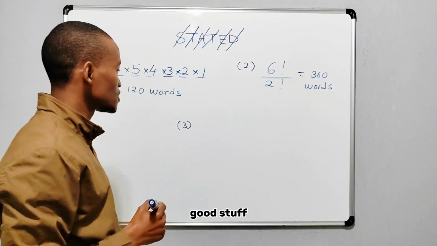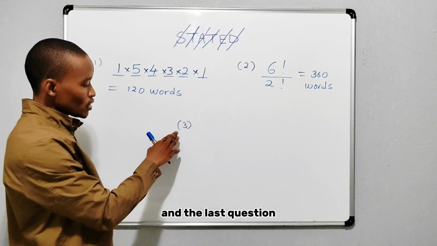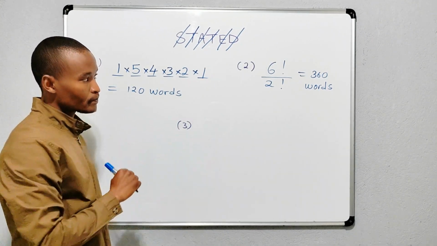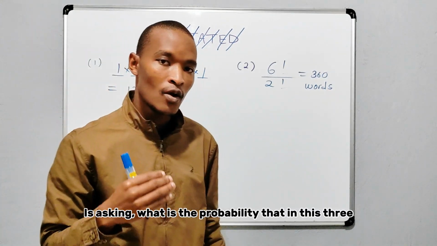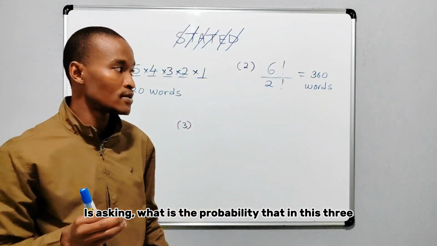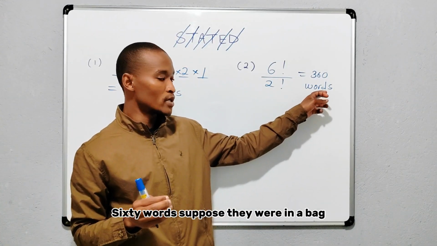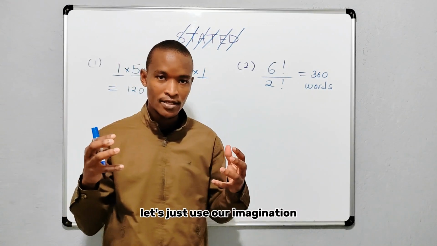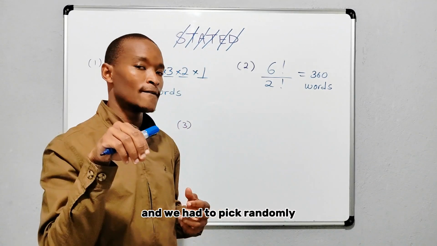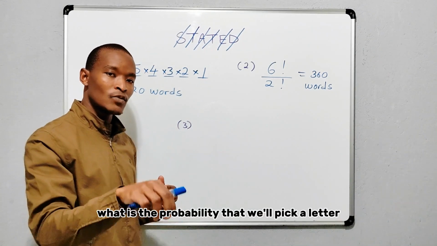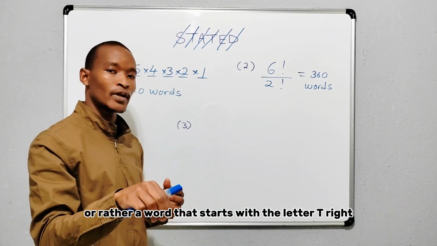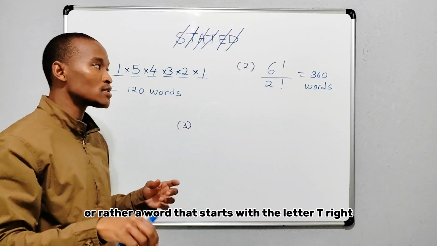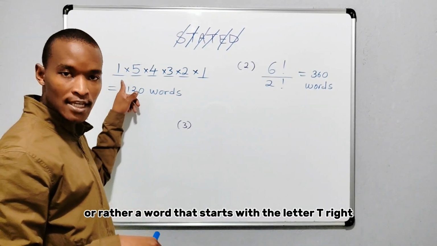Good stuff. And the last question, question 3, is asking what is the probability that, in these 360 words, suppose they were in a bag, let's just use our imagination, and we had to pick randomly, what is the probability that we'll pick a word that starts with the letter T?